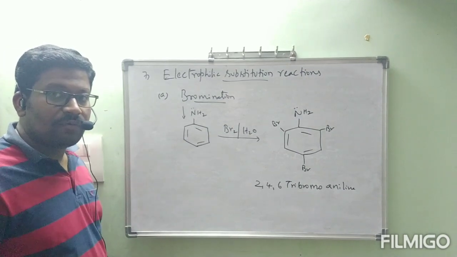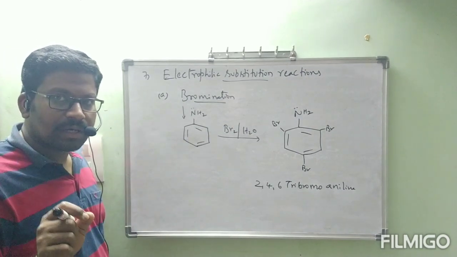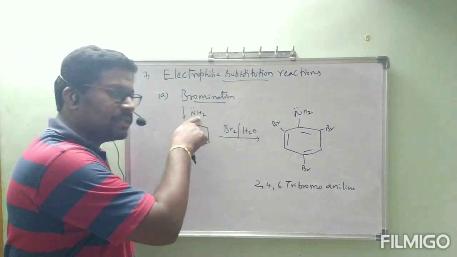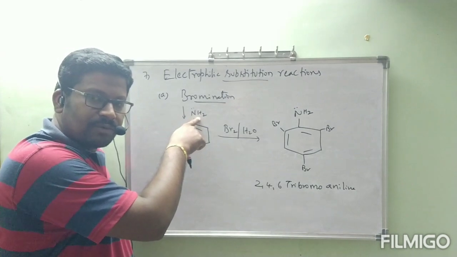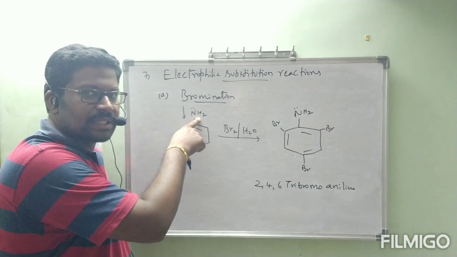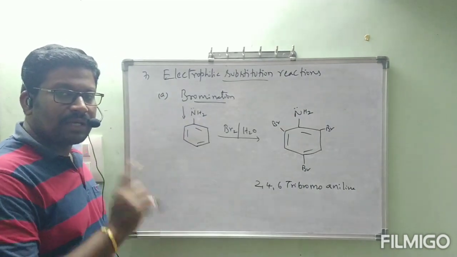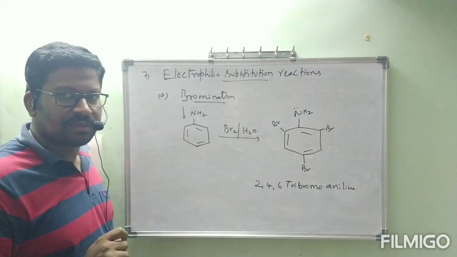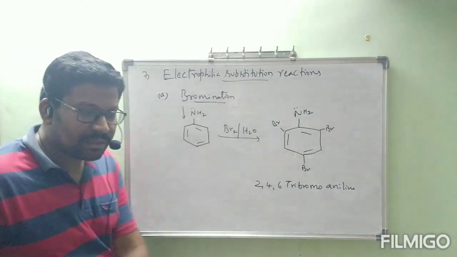But if you want only ortho product or para product, then we have to deactivate this NH2. That is the thing we are going to discuss now. That is the difference here. When compared to other electrophilic substitution reactions, here we will face some small difference, because this NH2 is highly active.